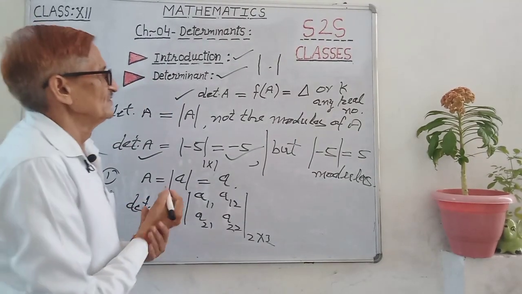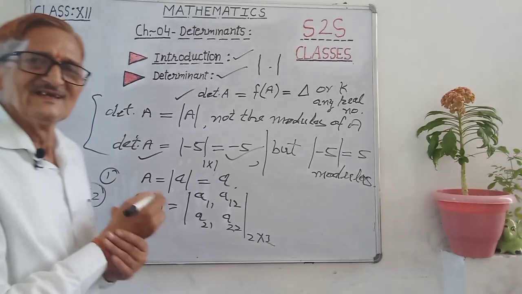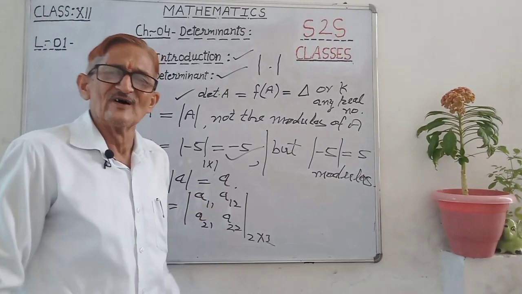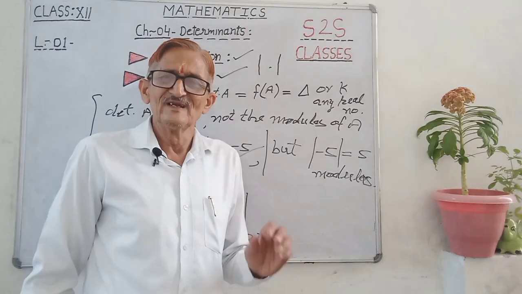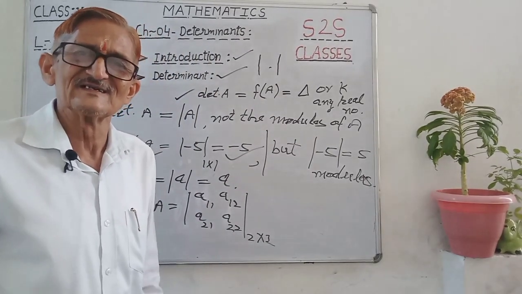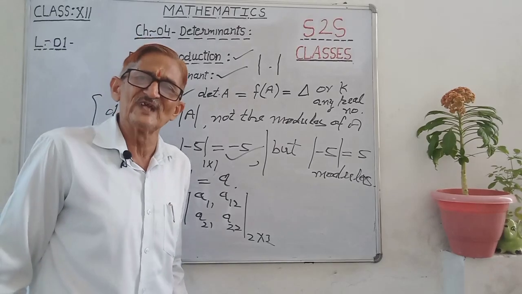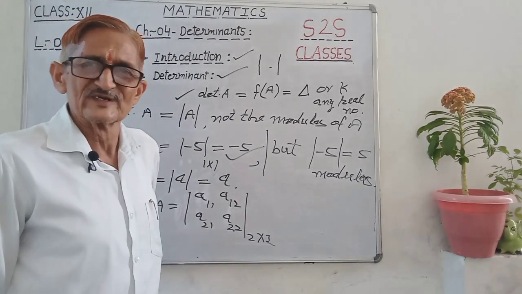N is the general order I told you, that is any 1 order, 2 order or 3 order. In your syllabus in +2, only up to 3 order. A 3 by 3 square matrix is the determinant, and in determinants we have to calculate up to 3 order. 4 order is not in your syllabus.